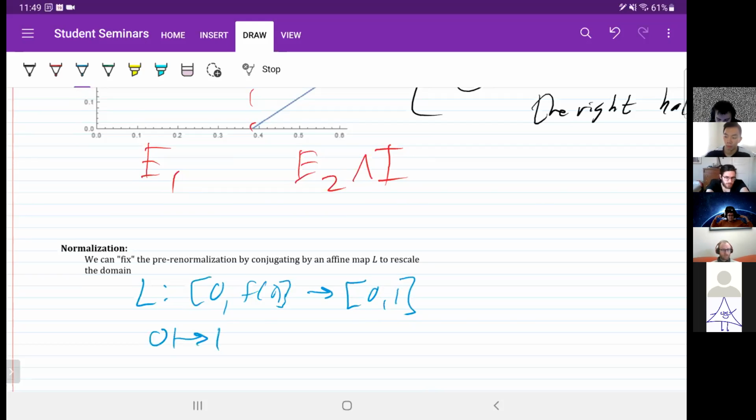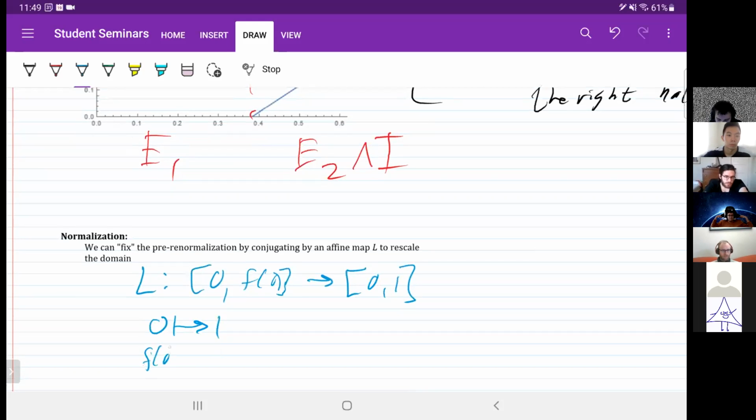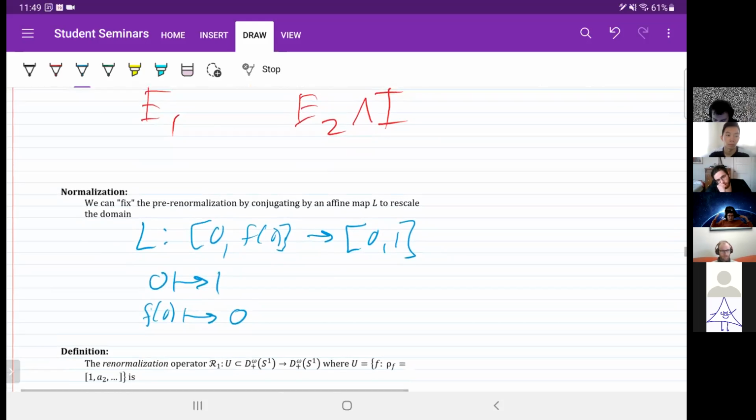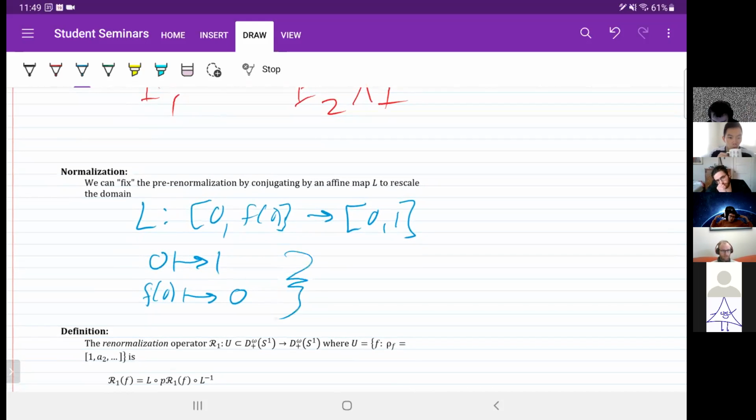So 0 ought to go to 1, and f(0) ought to go to 0. So I want it to switch the endpoints in reverse orientation, and I want it to scale up the thing to the whole size. You can actually just find this map explicitly. This map is L(x) = -1/f(0) x + 1. It's just a linear map.